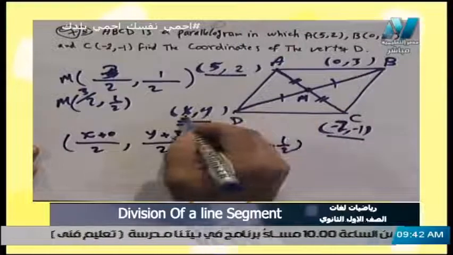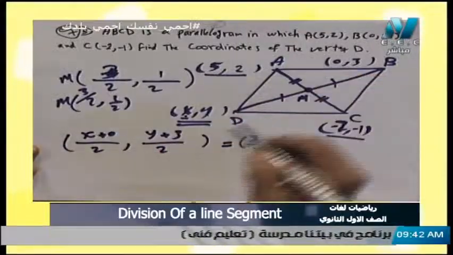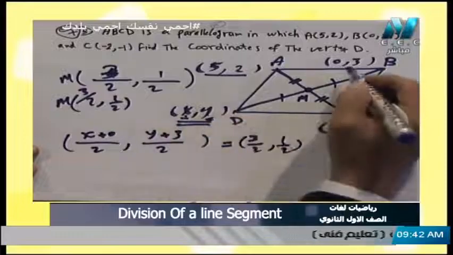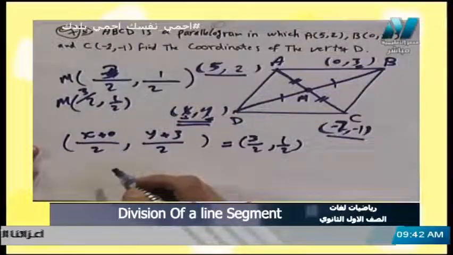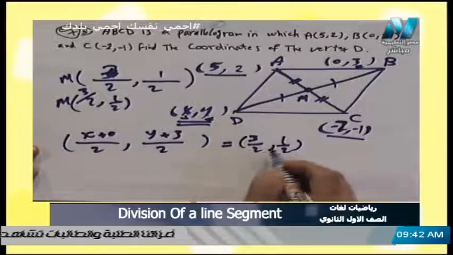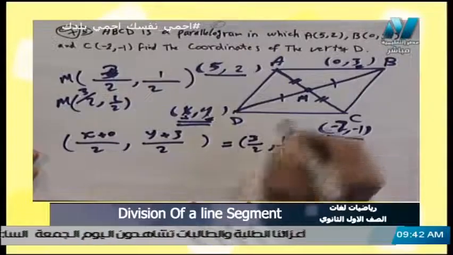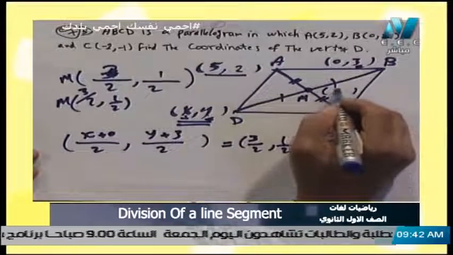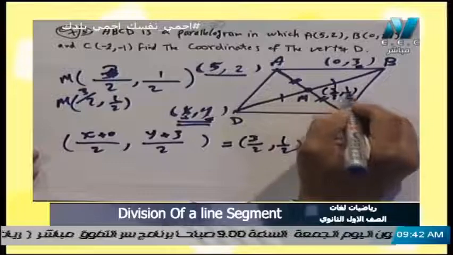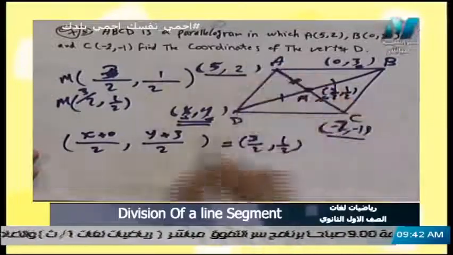So we add x plus 0 over 2, and y plus 3 over 2, and it is equal to 3 over 2 and 1 over 2, because we have M here from the other side of the diagonal.